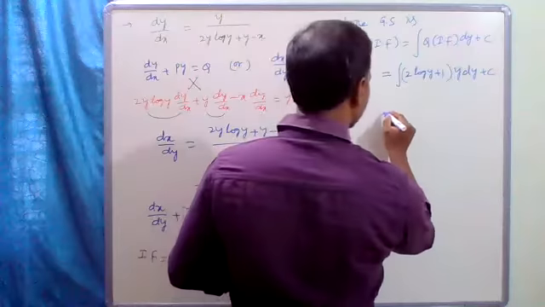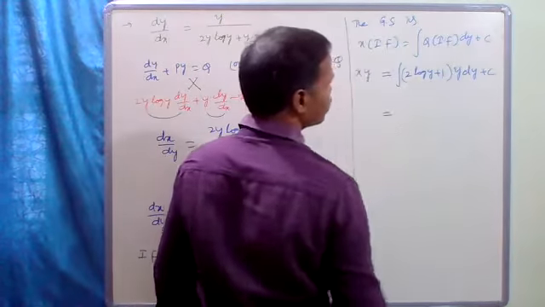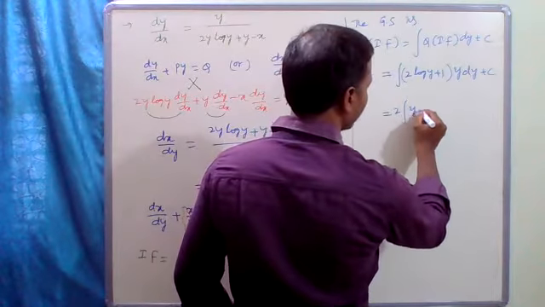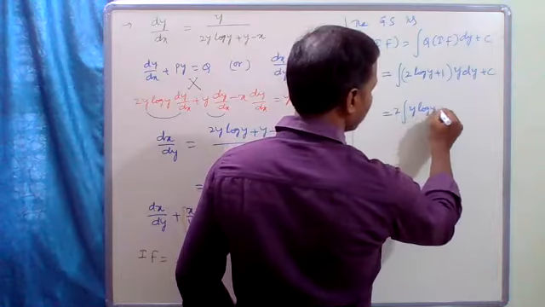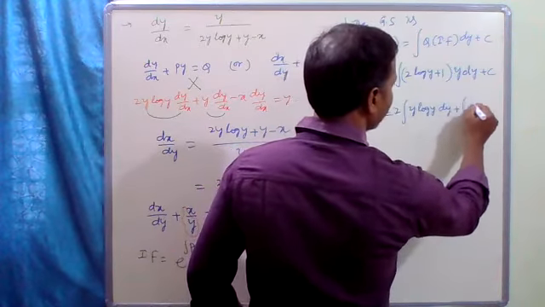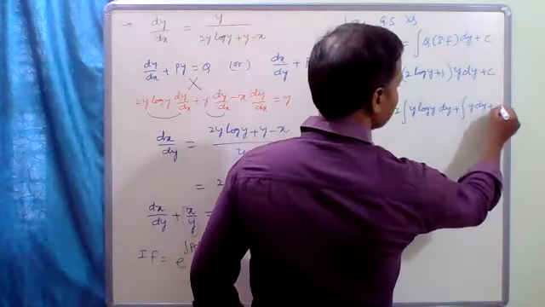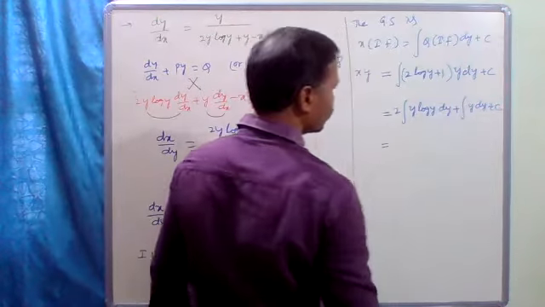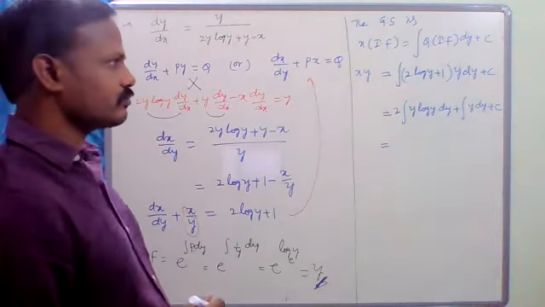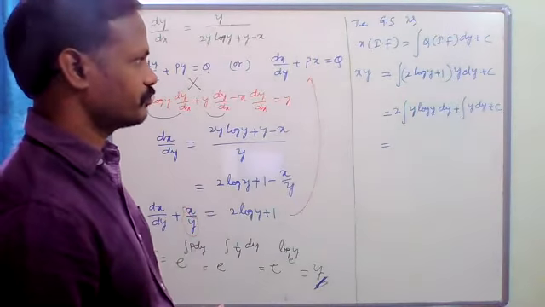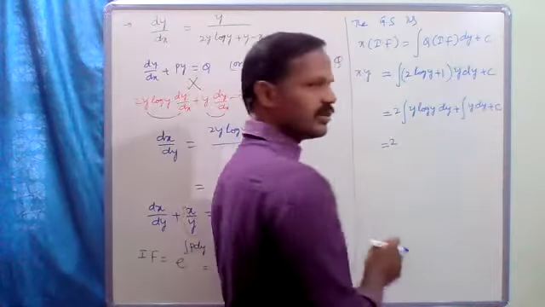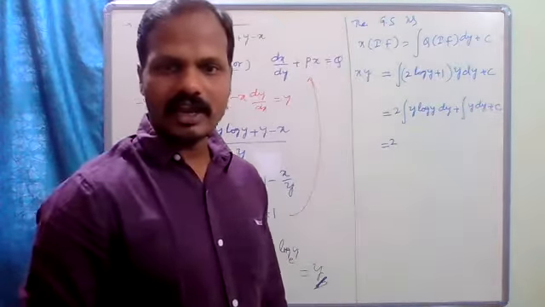What about the right side? This is equal to 2 integral y log y dy plus integral y dy plus c. So 2 into integral y log y.